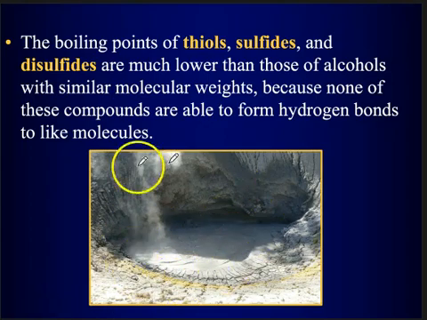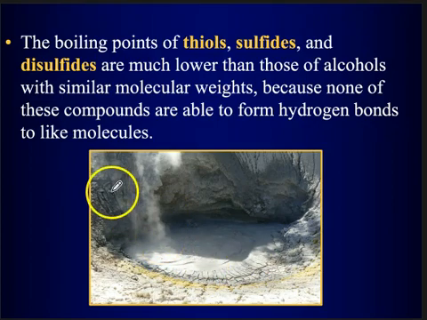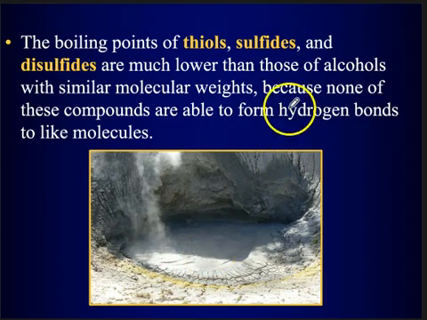So I have one of these bubbling pools. You see these a lot in Yellowstone or anything that has a lot of volcanic activity around. These mud pools emit a very nasty smell, so it's that nauseating smell. Well, we just found out that that nauseating smell that comes from these mud pools are the thiols, sulfides, and disulfides, mostly the thiols.